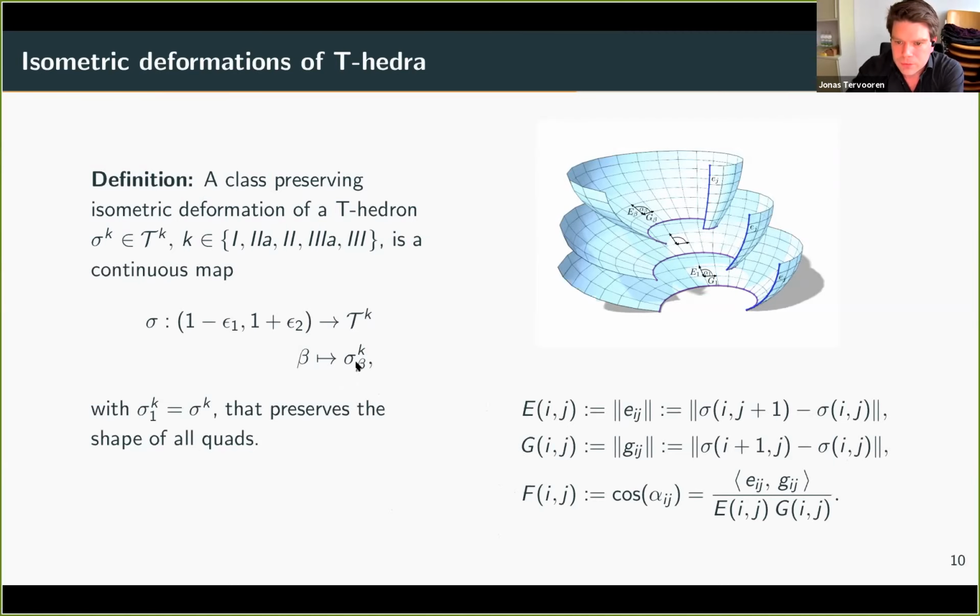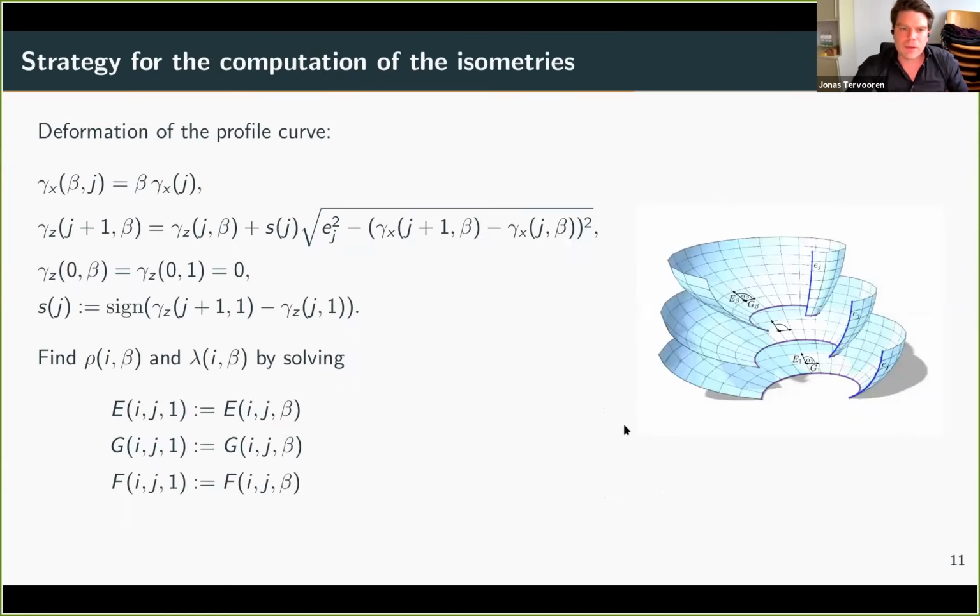Given this information, our strategy for the computation of the isometries is the following. At first, we will bend the profile curve isometrically. Since the profile curve is lying on the surface, we can only bend it isometrically. And this is obtained by scaling the x part of the profile curve and then computing the z part in such a way that the edge length is preserved, which can be done by this set of difference equations.